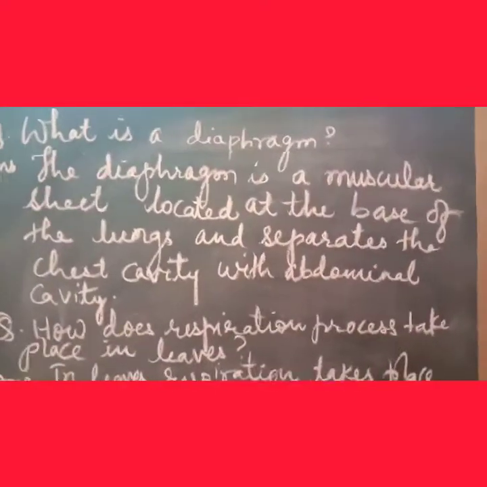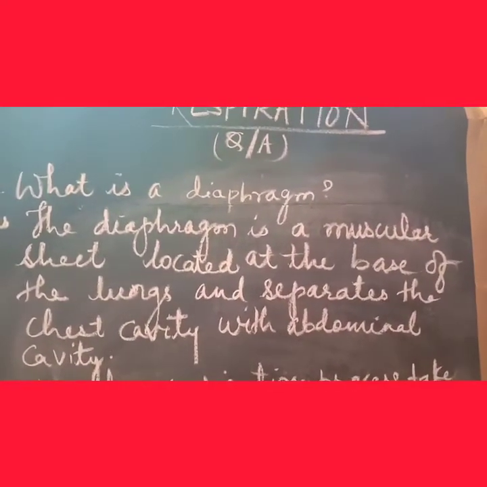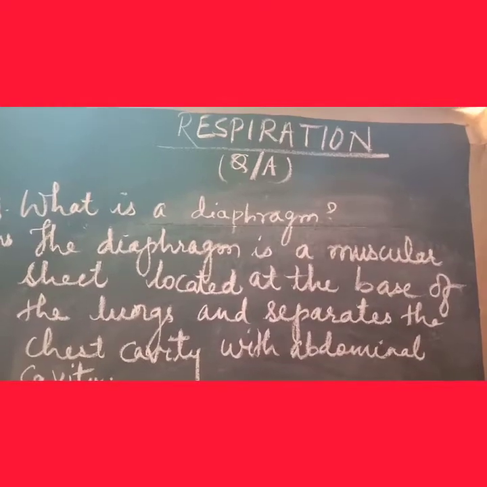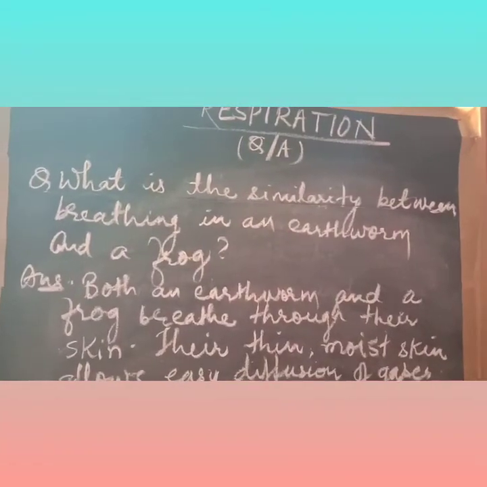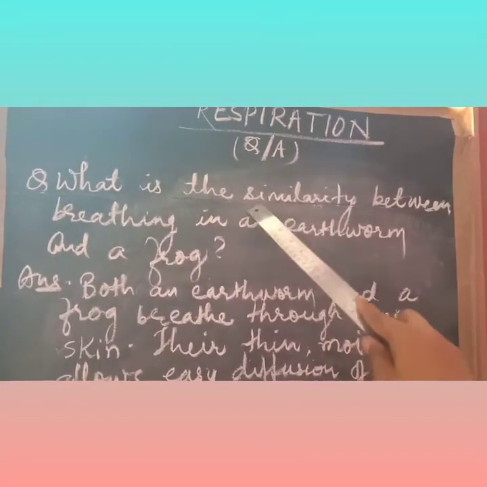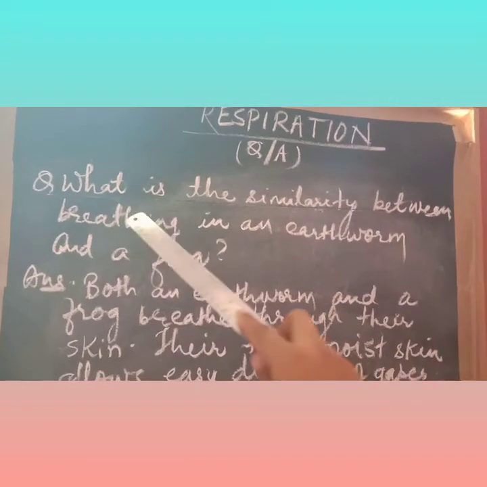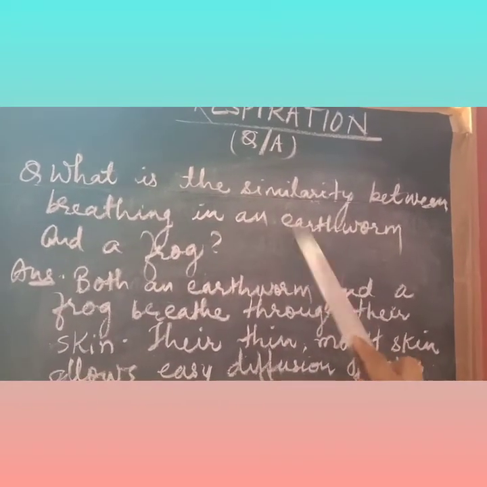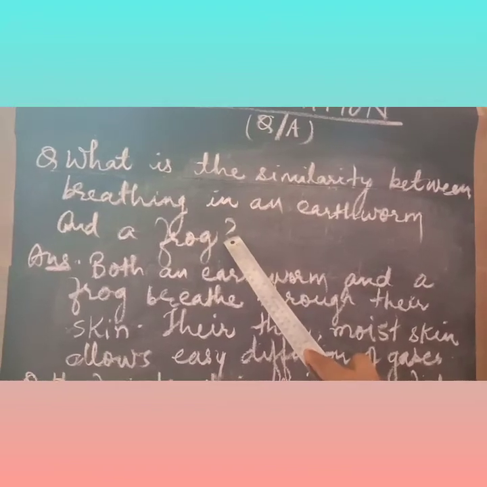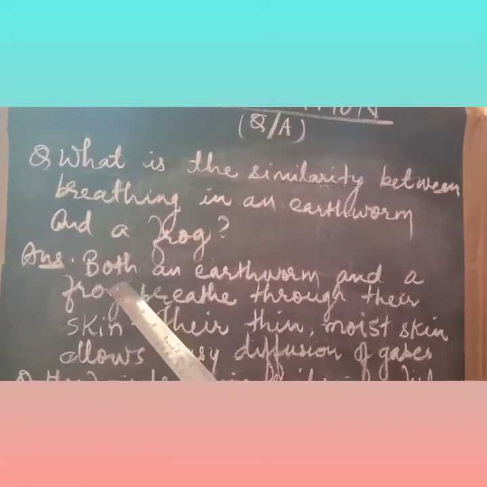Let's move to some other questions related to the topic respiration. Children, our next question is, what is the similarity between breathing in an earthworm and a frog? Let's see the answer.